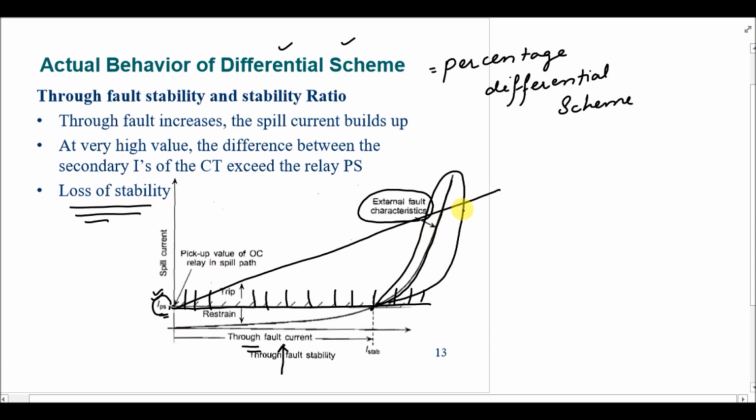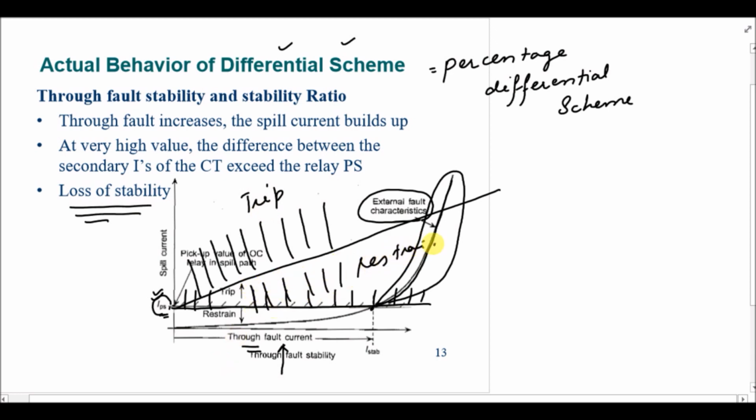By using this tilted line, we know that the region above this line is actually the trip region, and the region below this line is actually the restraint region, right? So we have to add some extra restraint to the differential scheme so that if the external fault current increases, the restraining torque should also increase.